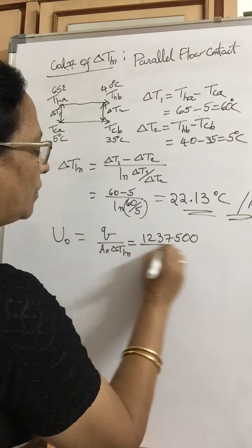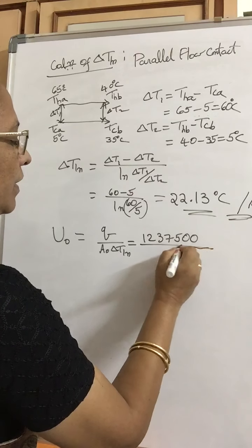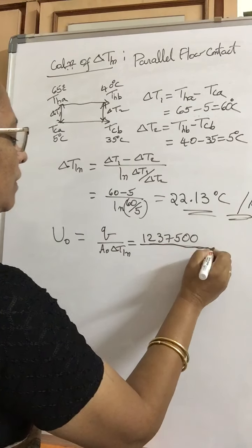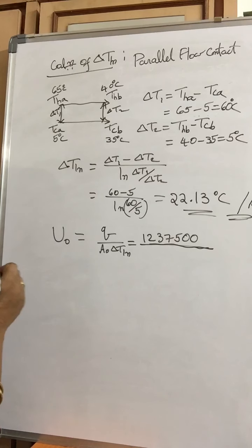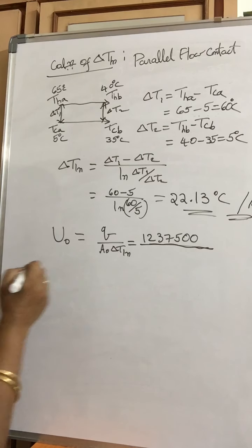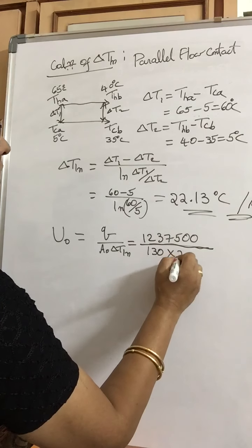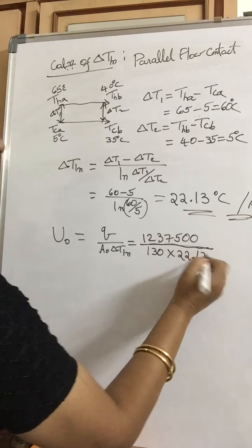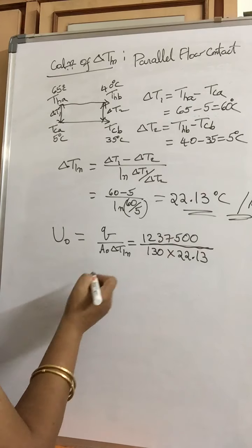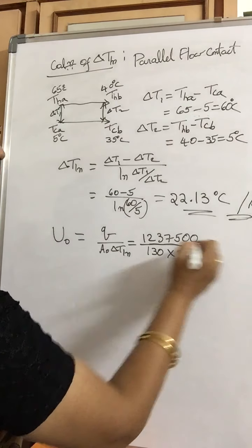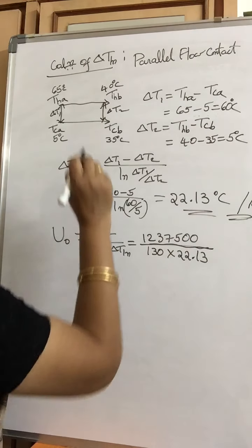That is the Q value. And the A value is what? A naught value is 130 meter square. That is 130 into delta T ln, 22.13. So again you need to write the units.